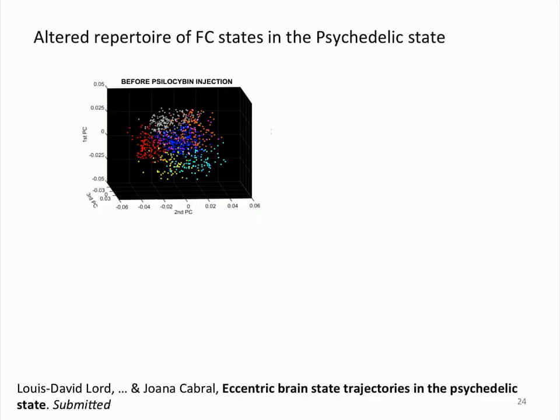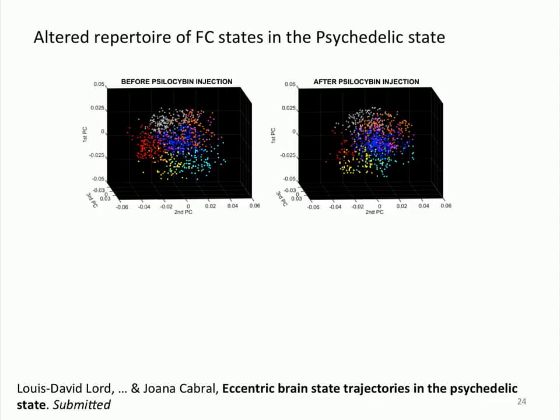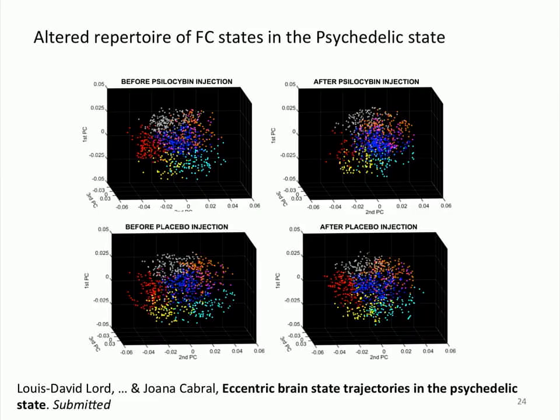So again, going back to our cluster clouds, so this was before injection and after injection of psilocybin, and before the placebo and after the placebo. And here I want you to see the red cloud, which represents the frontoparietal network. You see that only after psilocybin injection, you really see that that cloud disappeared.